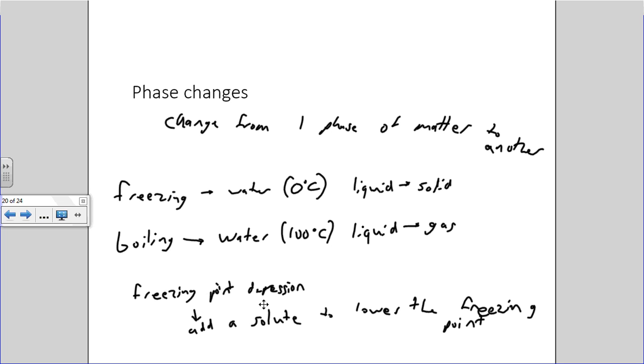By adding that solute, we use salt, we were able to depress the freezing point, which made our mixture colder and allowed us to make the ice cream. If we hadn't added the salt, we would have just had a cold bag of milk, and nobody likes a cold bag of milk.